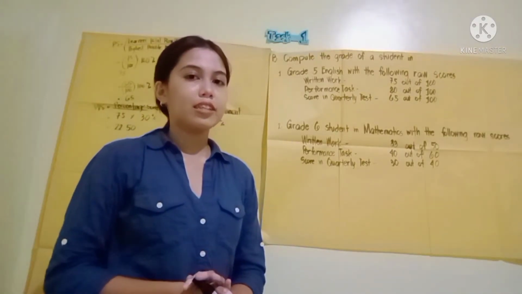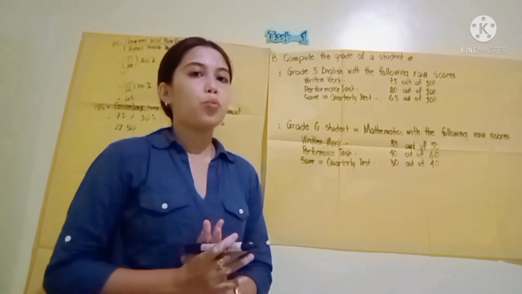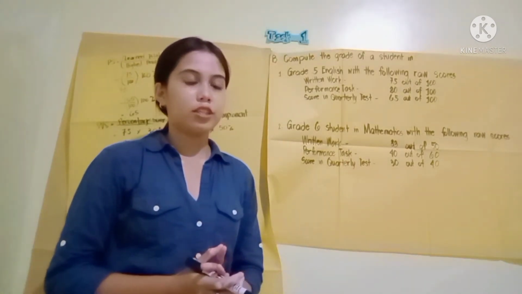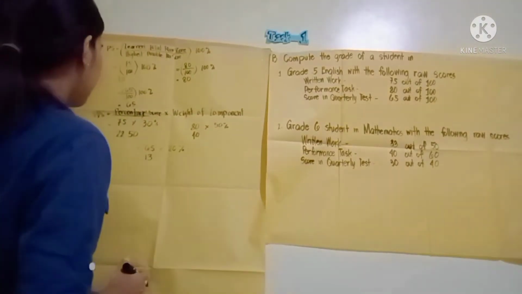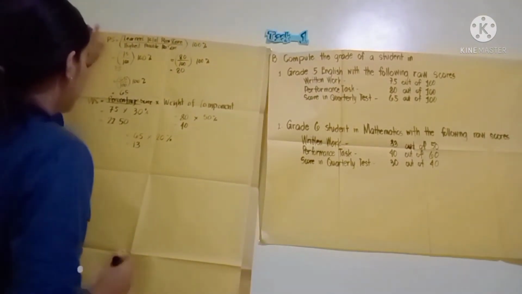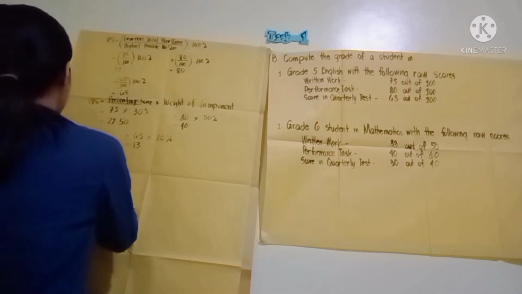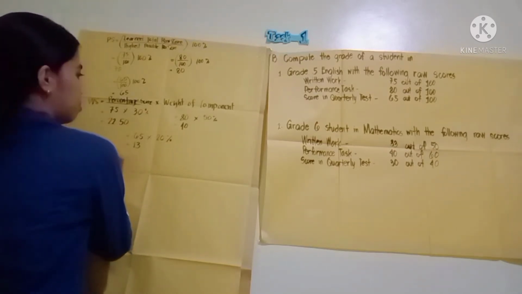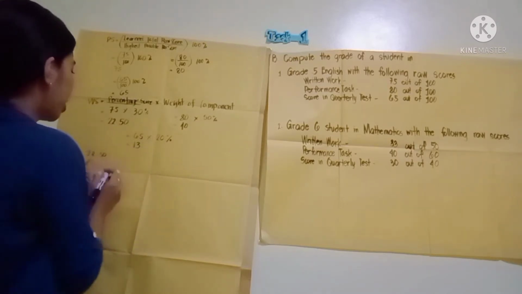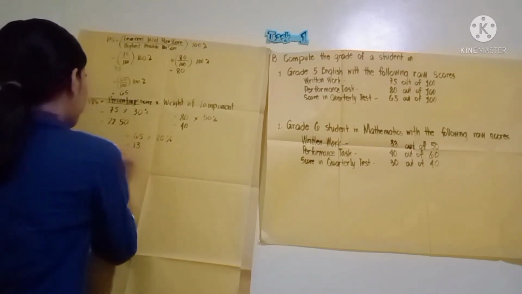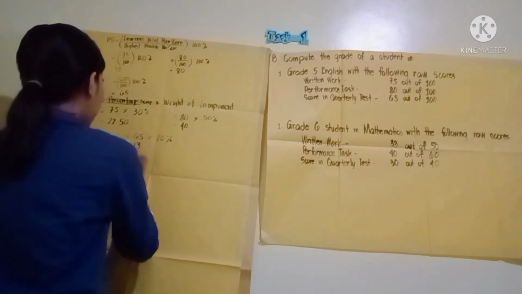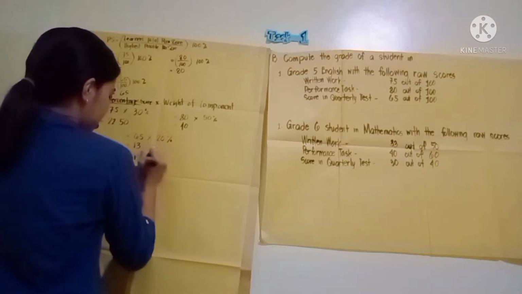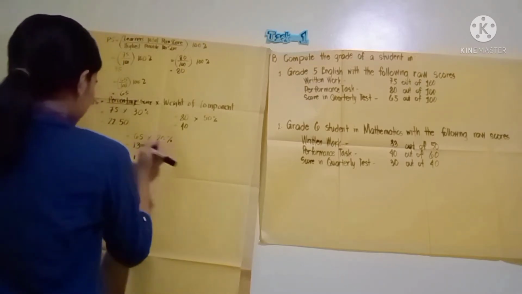Next step is getting the initial grade. So we need to add the weighted scores to get the initial grade. So the weighted scores here are 22.50 for the written work plus 40 for the performance task and 13 for the quarterly assessment.